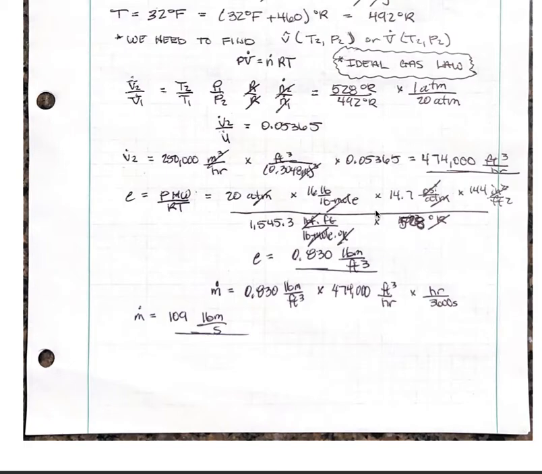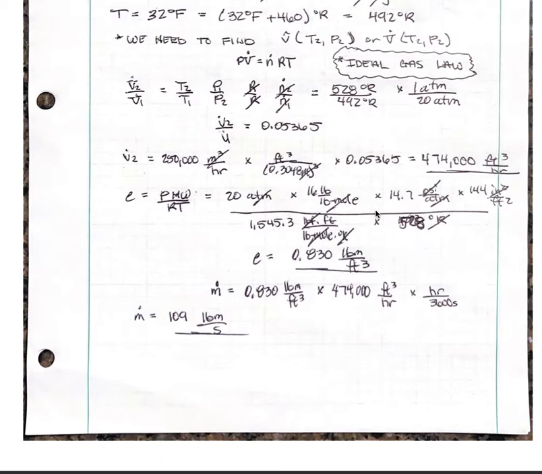You've got 4 hydrogens, that's a molecular weight of 1 each, plus 12 for your carbon atom, which will get you 16. So 20 times 16 times 14.7 psi per atm times 144.